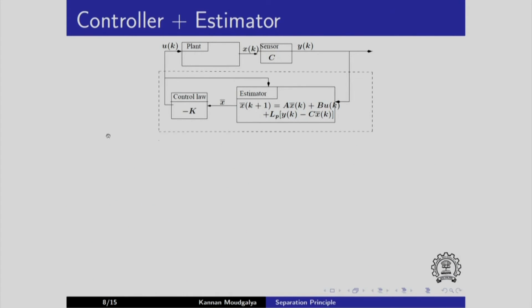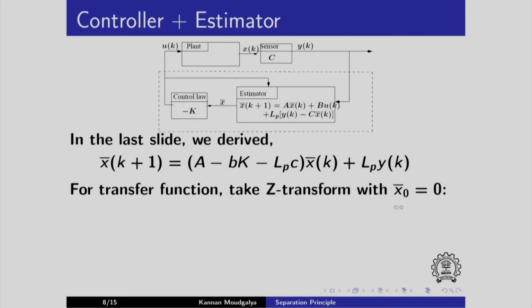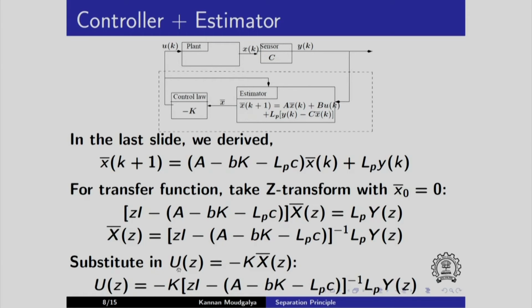Let us derive this conventional controller. So we derived this expression in the last slide. Let us assume the initial state to be 0 and take the Z transform, bring this term to the left hand side and we get this expression, and take this matrix to the right hand side, which can be substituted in the expression for u equals minus K x bar.